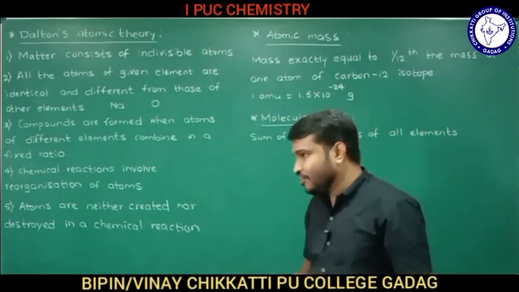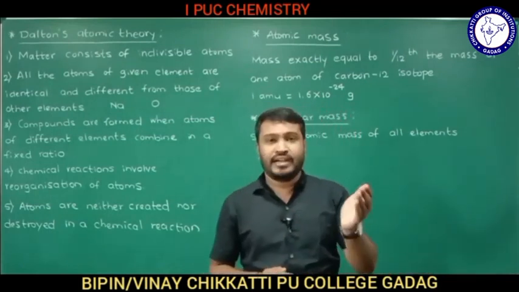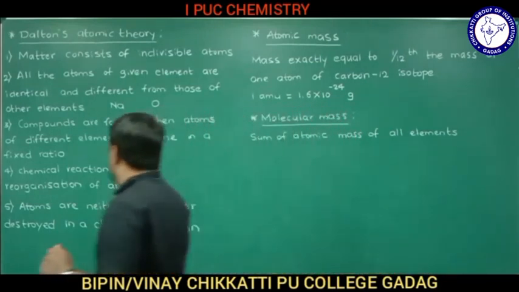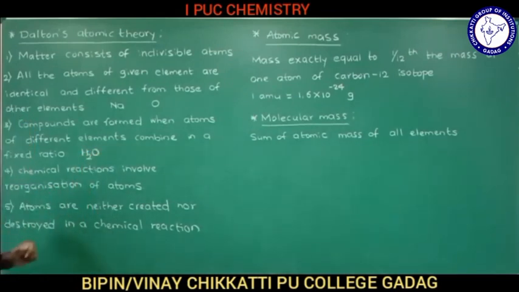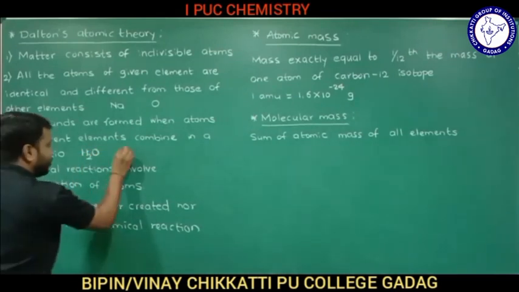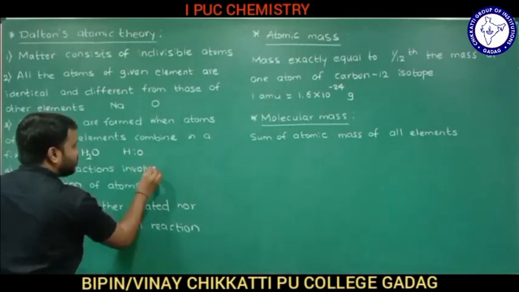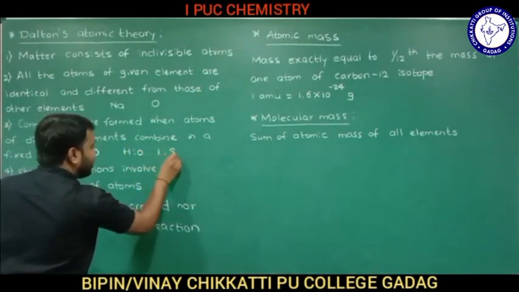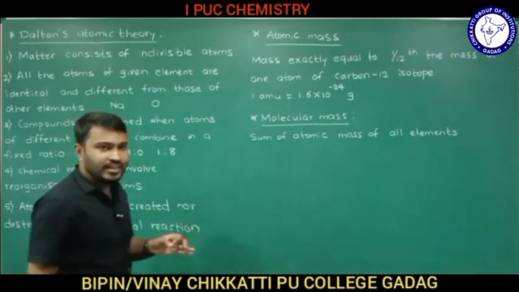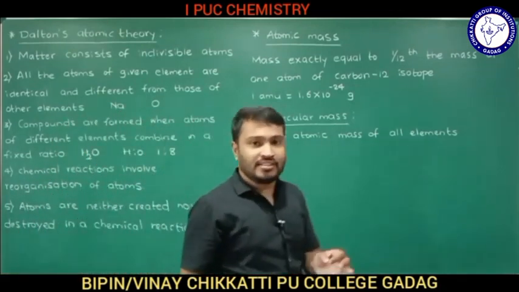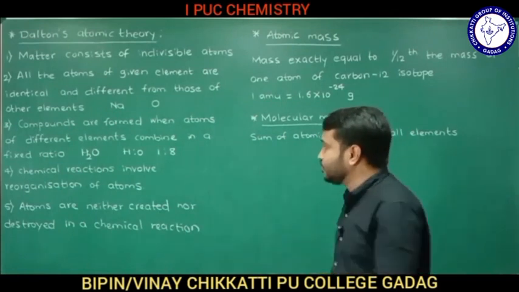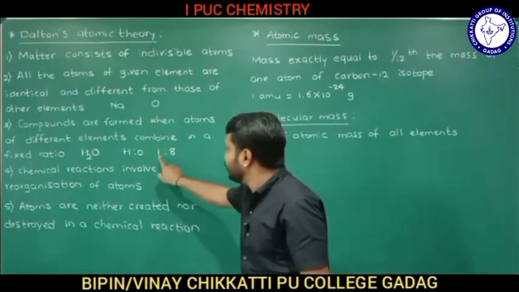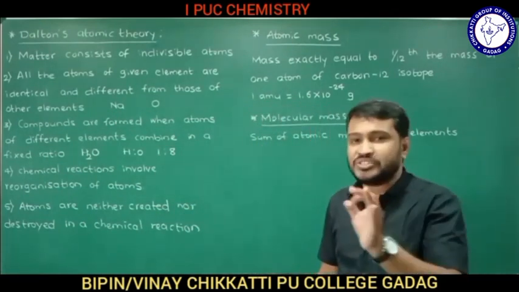If you recall the law of definite proportions, and consider one compound, water, the ratio of hydrogen and oxygen is 1:8. If you calculate the masses of hydrogen and oxygen in water, you get the ratio 1:8.